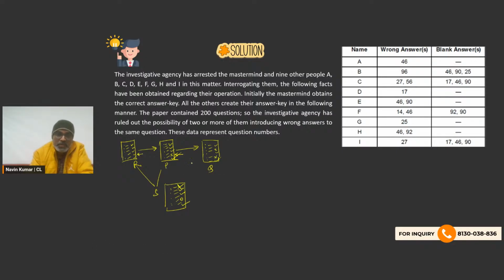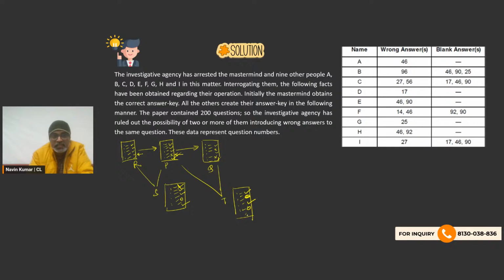Okay. Now, somebody who copies from, let's say, P and Q, let's call this person T. So what he sees is the first question has the same option, so he marks it the same. The second one, he leaves blank because he doesn't know what to do with it, because they are two different markings. The third one, he copies as such. The fourth one, he leaves blank because there will be two different options.